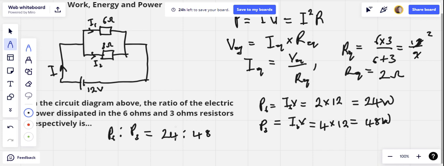So we now reduce this to the lowest terms possible. 24 goes into itself 1 time, and into 48 2 times. So the ratio of their power, P6 to P3, is 1 is to 2. So the ratio of the power dissipation is 1 is to 2. Thank you.